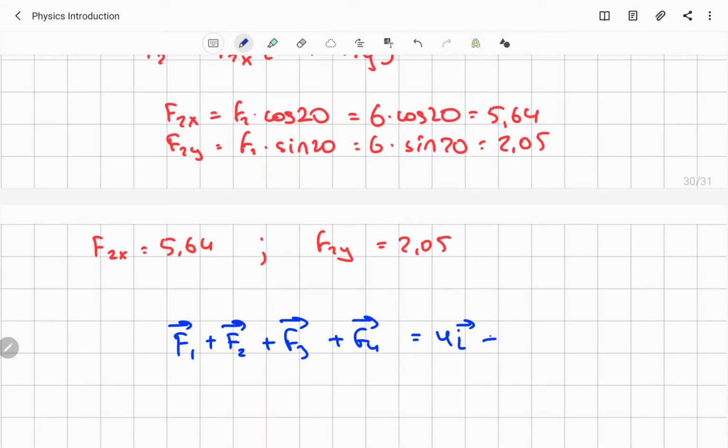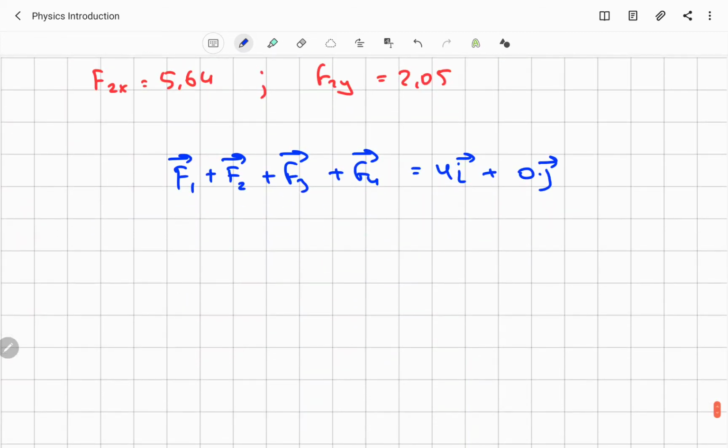Actually there is a j, but j equals 0 basically. So when you add these 4 vectors, it will be directed only in the horizontal direction. This is the resultant vector, the net force. So this resultant vector has only an x component. The y component equals 0.